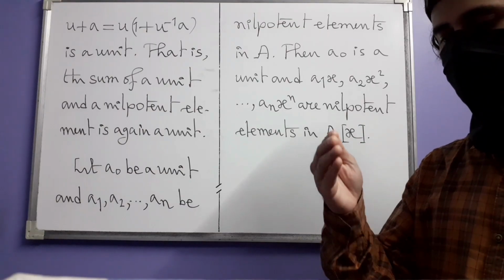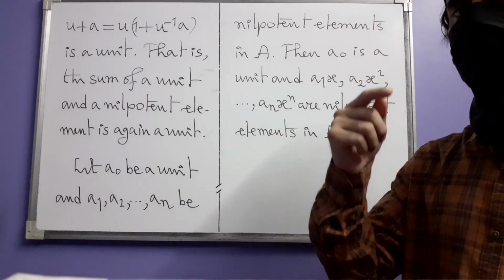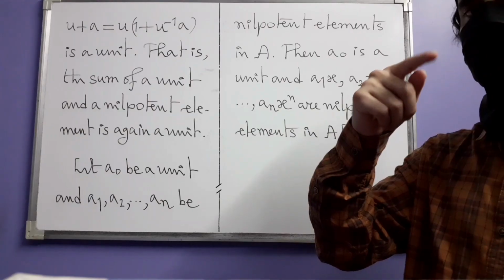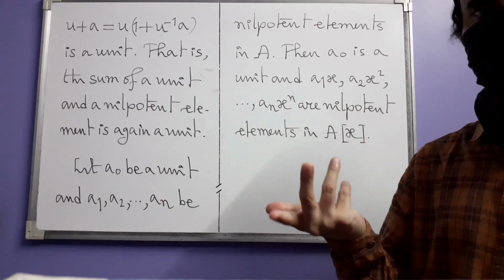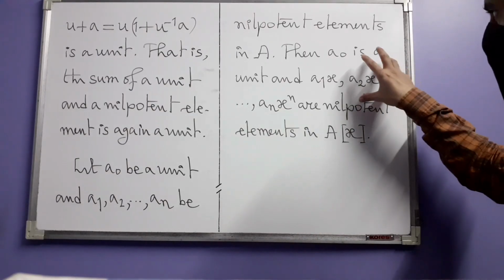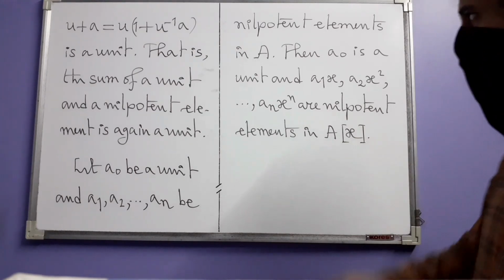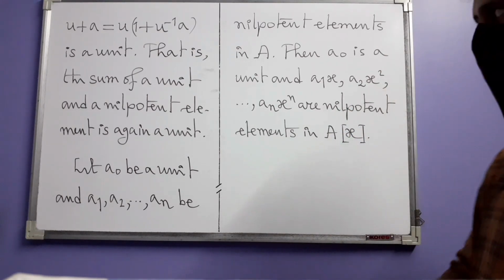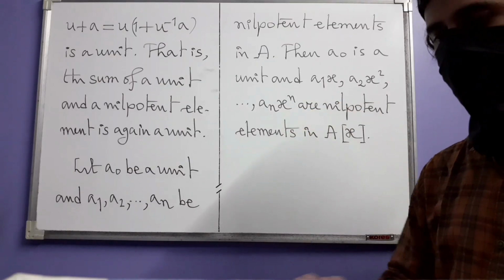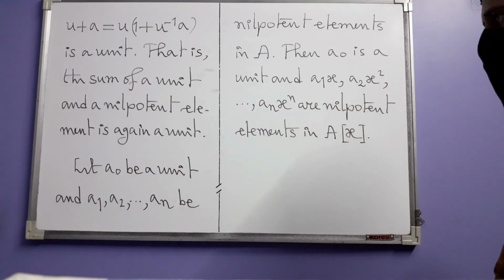Obviously that will be equal to a2 to the power m times x to the power 2m. But a2 to the power m is 0, so you get the 0 element of this ring, and hence this is also nilpotent. Similarly, all these other polynomials are nilpotent. Alright. So now what do we have with that?